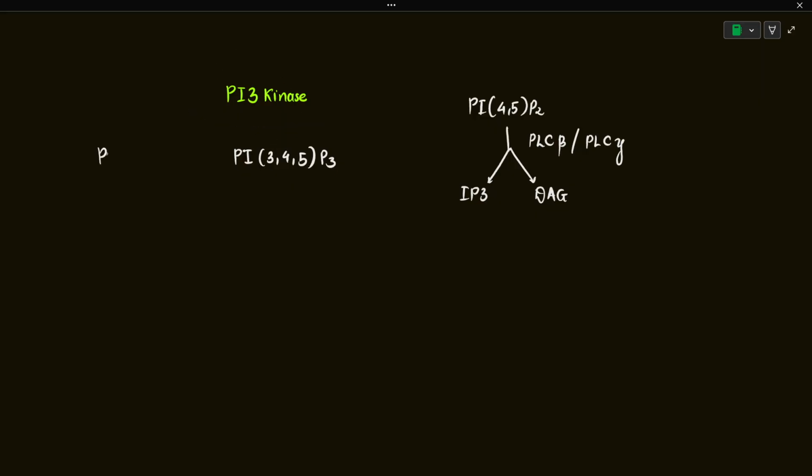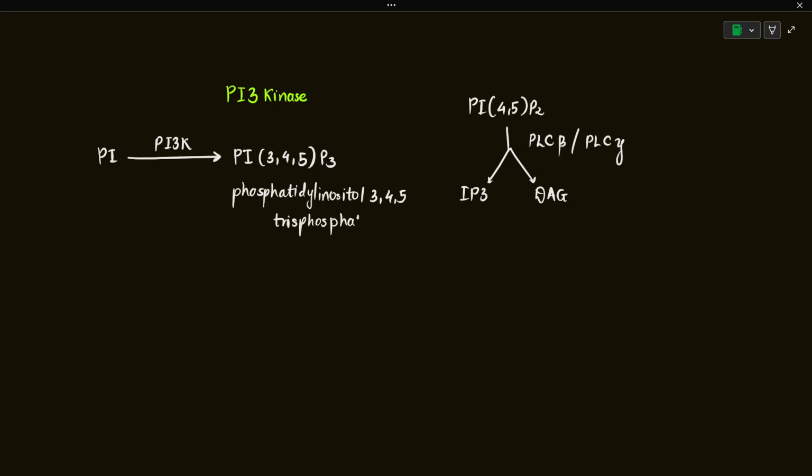On the phosphatidylinositol, PI3 kinase works and it results in the formation of PIP3, phosphatidylinositol 3,4,5 trisphosphate.